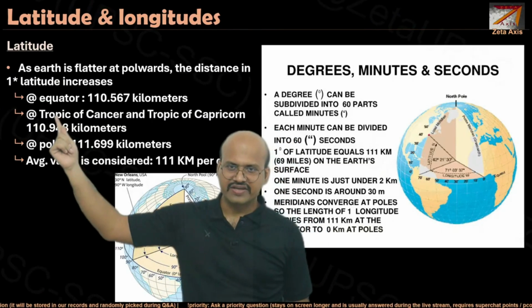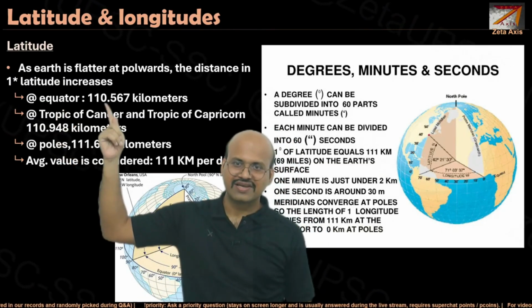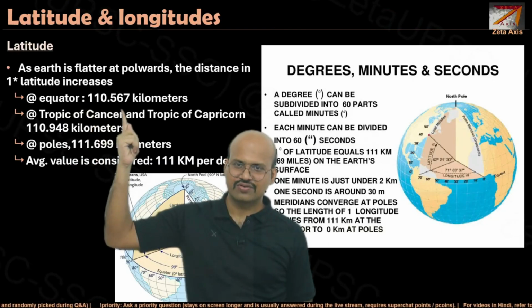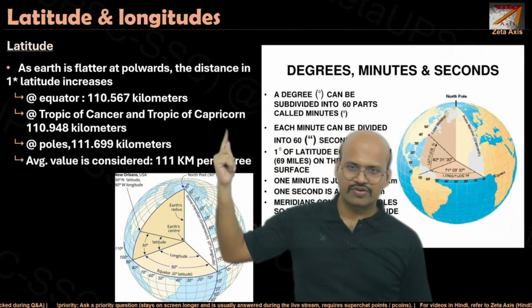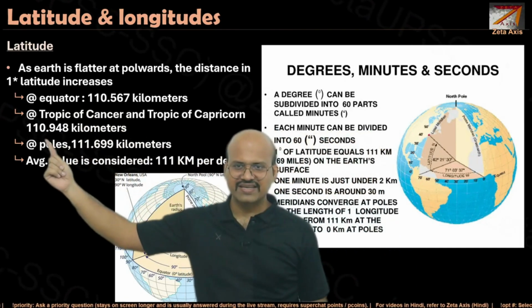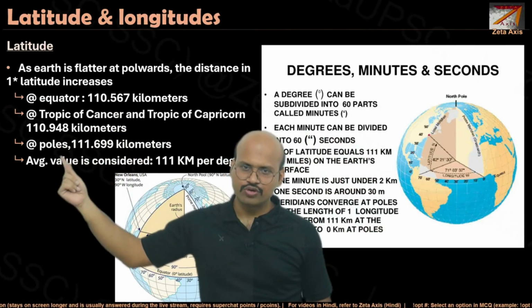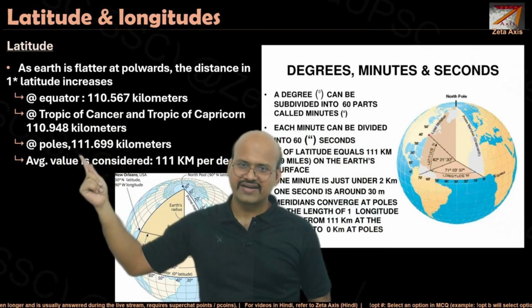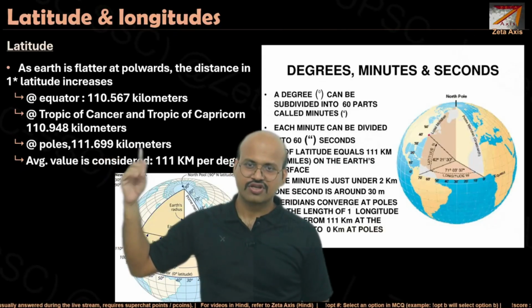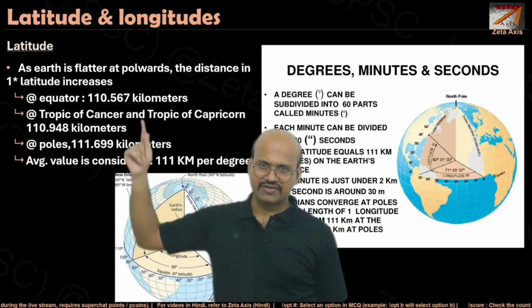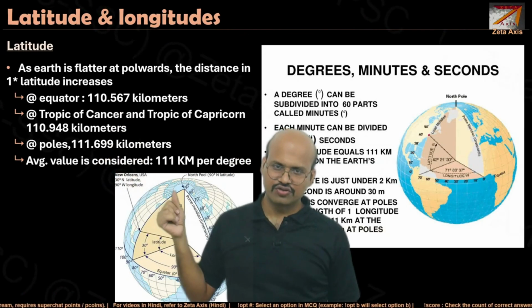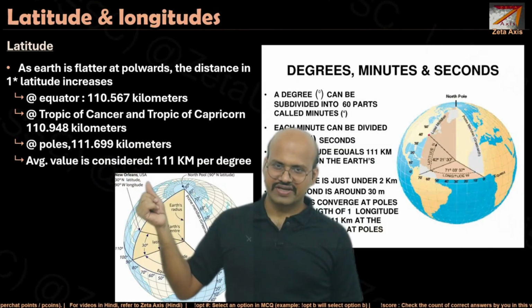So at the equator, 1 degree means about 110 kilometers, and these values at the Tropic of Cancer and Tropic of Capricorn show a slight increase. It was 110.567, here it is 110.948, and at the poles 1 degree means 111.699 kilometers. So for approximation, we take an average of these values and use 111 kilometers per degree.